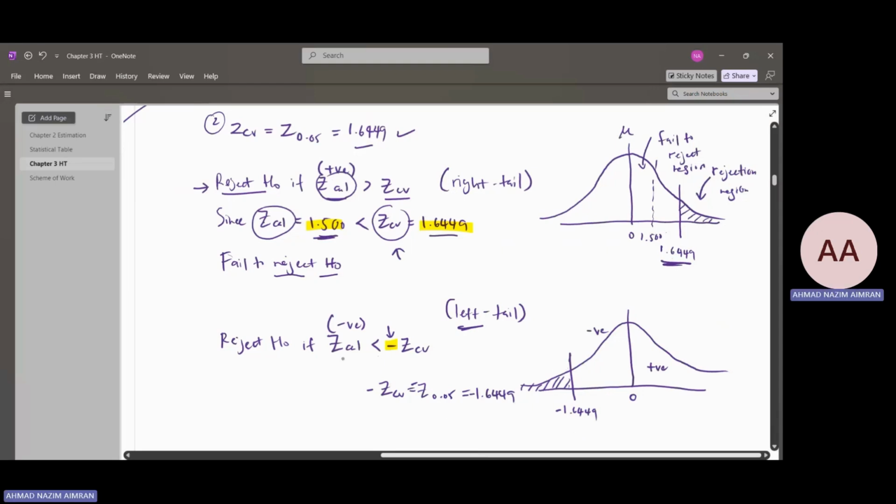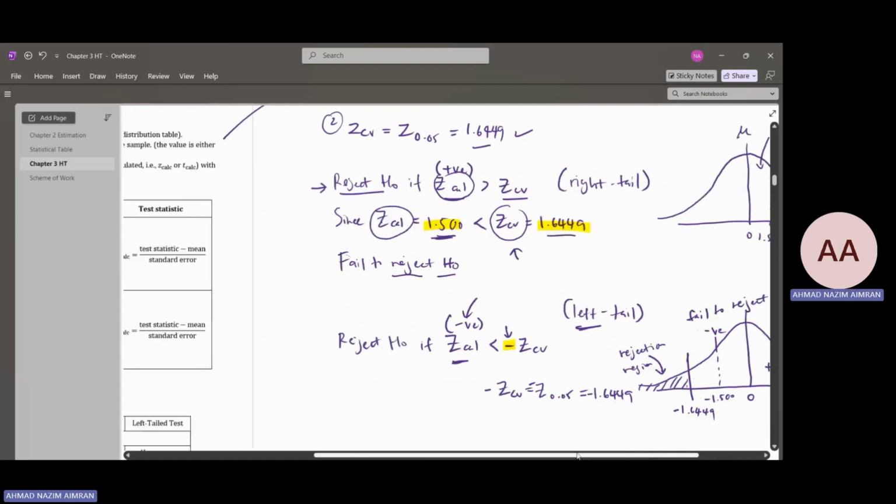Okay, so if the Z calculated is less than negative 1.6449, if it falls under this region, this is the rejection region for the left tail test. And if it falls here, for example, negative 1.500, again, because we expect to get a negative value for the Z calculated, therefore it falls under the fail to reject region.